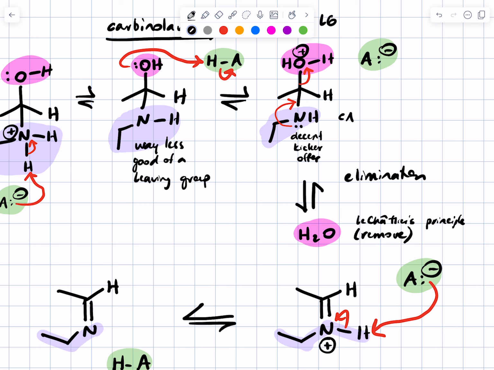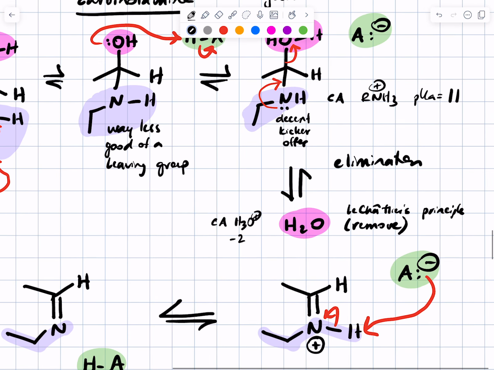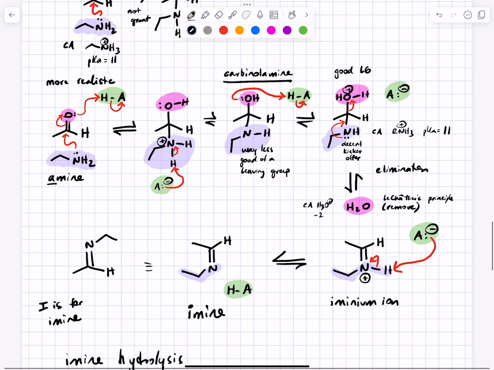You would compare the pKa of the conjugate acid of the neutral amine, which is an ammonium ion, pKa 18. No, sorry, it's 11, versus the pKa of the conjugate acid of the leaving group, which in this case would be H3O plus, minus 2. Yeah, totally reasonable. Yep. Okay.